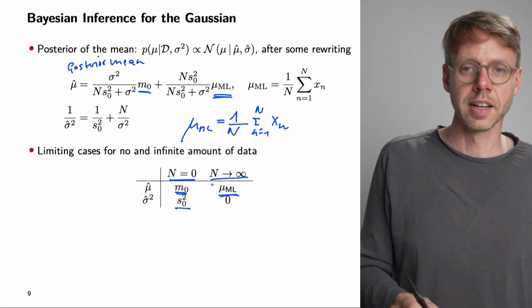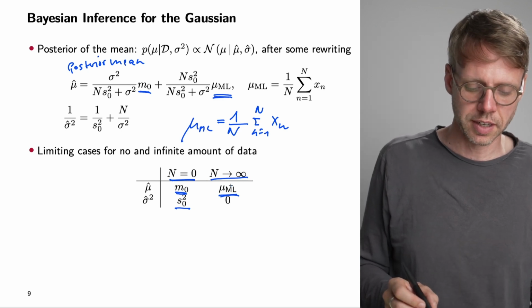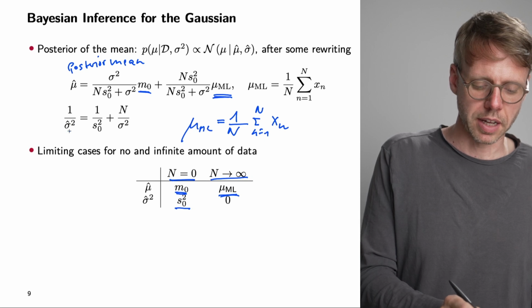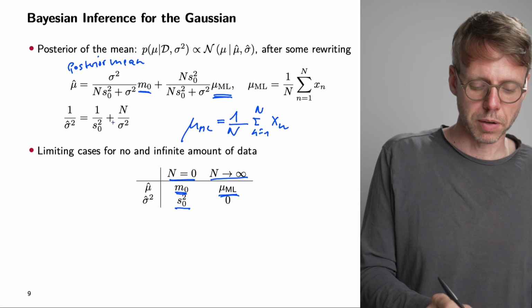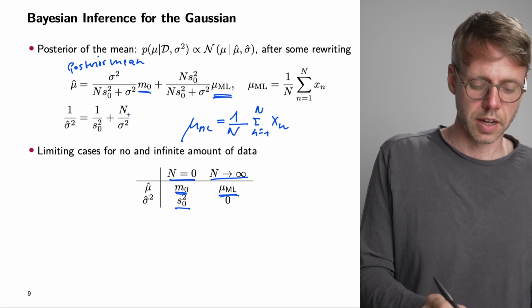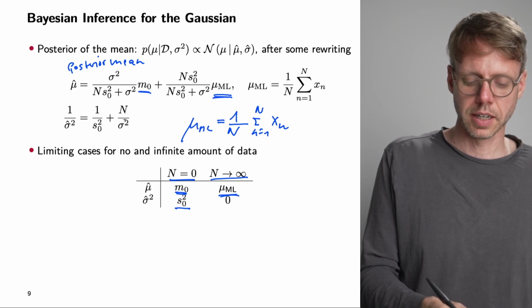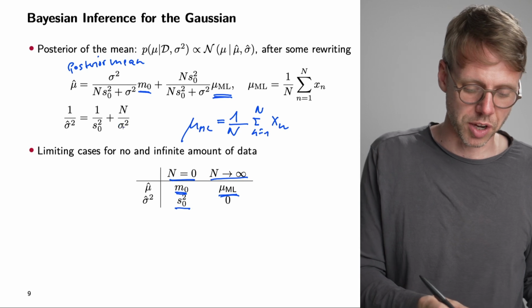Now if we get a very large data set, so we let n go to infinity, then 1 divided by the posterior variance will go to n, which is going to infinity, divided by the variance of the data, which is a constant.